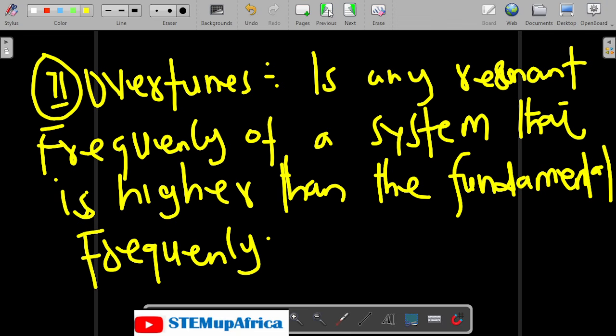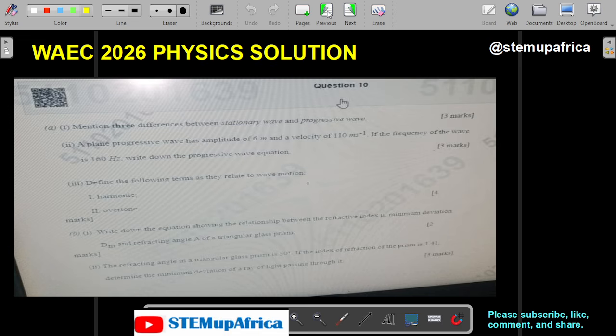So that is the definition of harmonics and overtones.